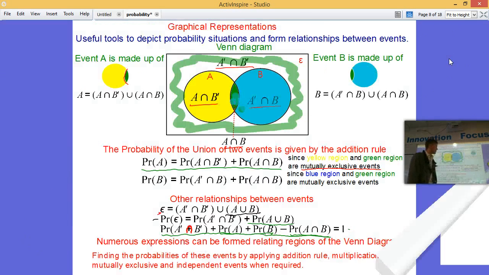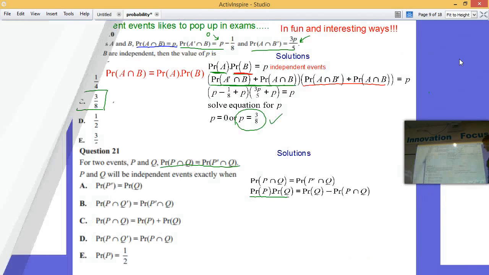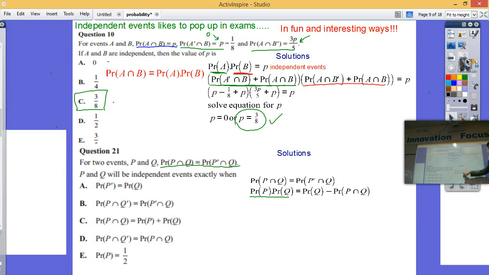Again, think about my Venn diagram and how I can express it in a different way. So, by drawing on one of these rules and transposing that in terms of P's and Q's, I have this right hand side.